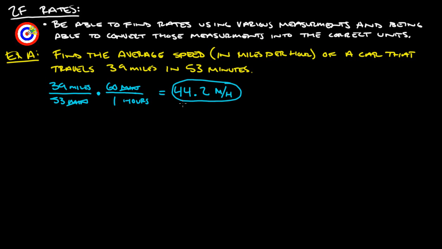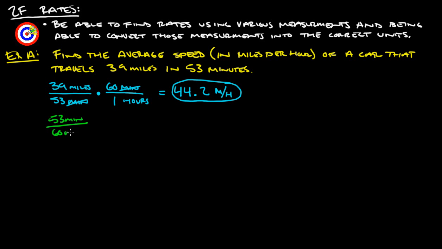Honestly, I think that's probably the easiest way to do it. I will show you another way or two, and you can decide. I don't care how you do it, as long as you get it figured out correctly. I've seen some other people do it this way. They take 53 minutes and figure out how many hours that is.